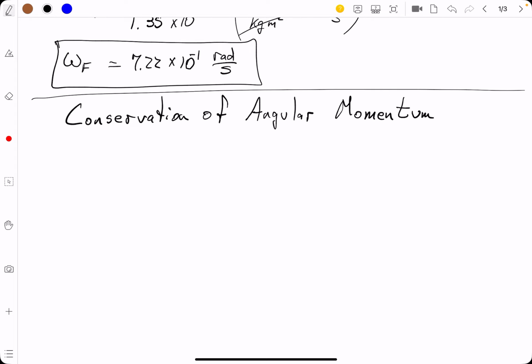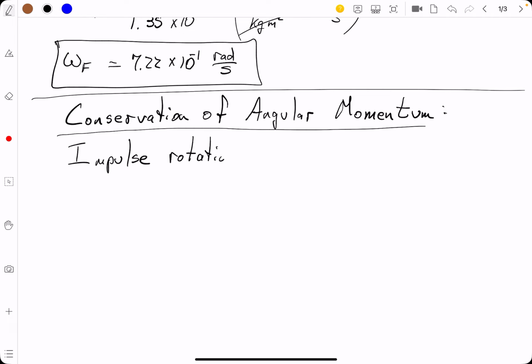written. Okay, let's deal straight with the impulse, because this is our topic. So let's deal with the impulse rotationally. All right, so what is that? That's delta L, and that's equal to my torque net times the time.